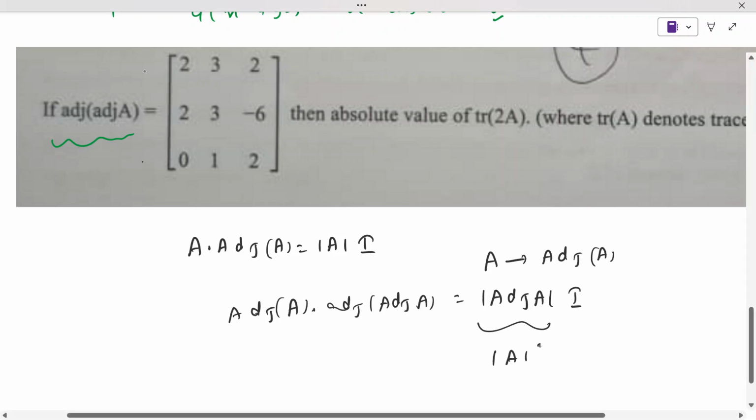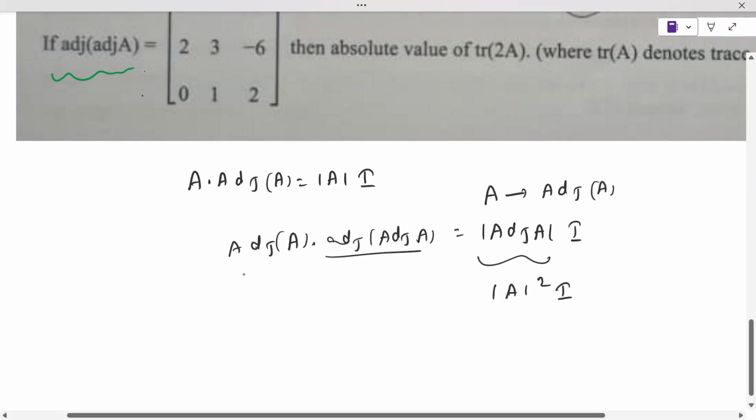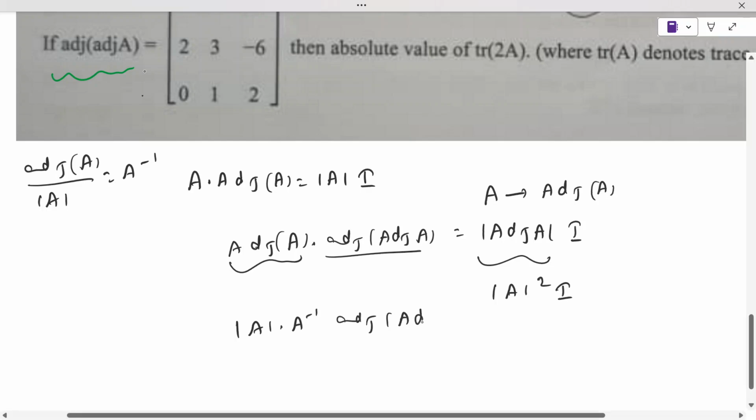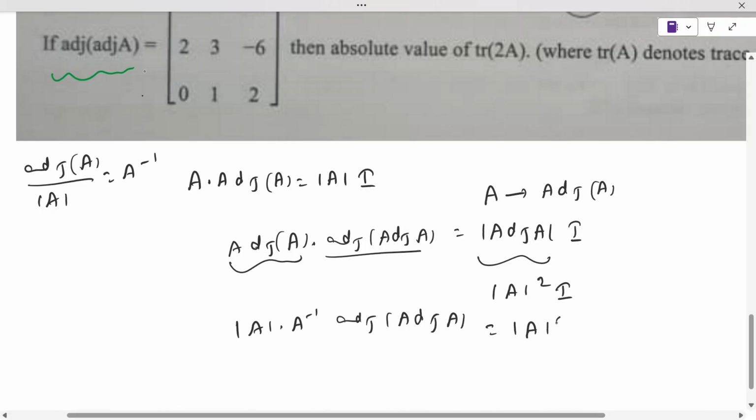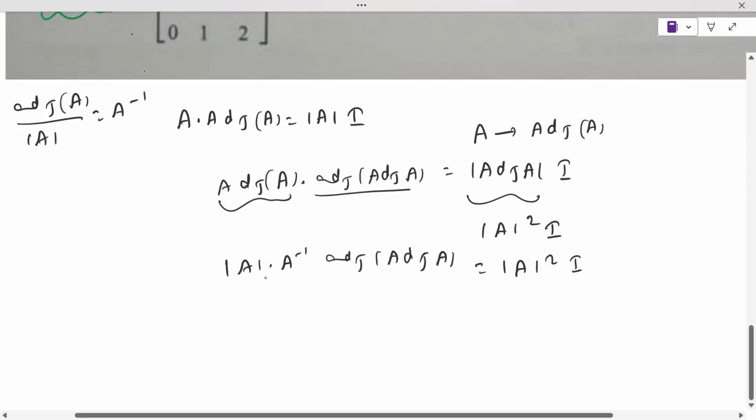So we have mod A square into I. Then adjoint of A by mod A is A inverse, so adjoint of A is mod A into A inverse. So mod A square into I; I can cancel one mod, and what is left out is adjoint of A.